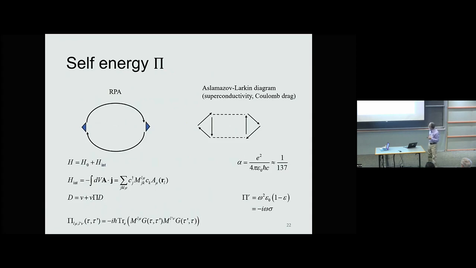Okay, let's talk about this additivity. If you make a Feynman diagram expansion to the lowest order, it's just this bubble diagram. But you can also go to a higher order. If you go to the sixth order, in the sense that it has 6 vertices, then you get this diagram called a Aslamazov-Larkin diagram. That diagram you cannot write as a sum of 2.